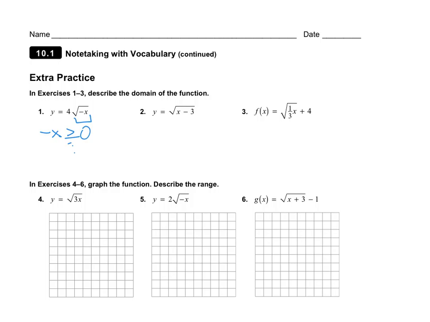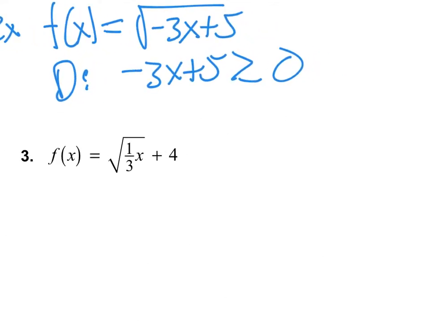One example here: find the domain of f of x equals the square root of negative 3x plus 5. The domain would be this. We want negative 3x plus 5 to be greater than or equal to 0. This is how we find the domain.